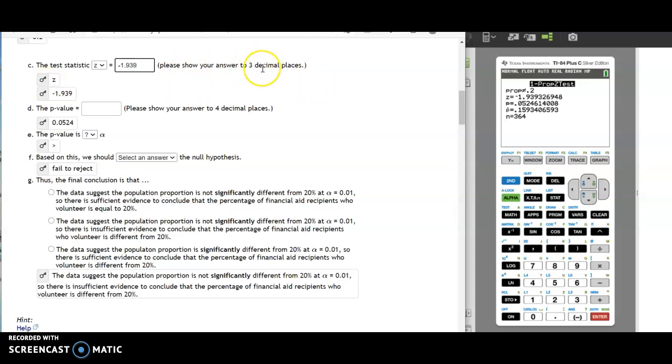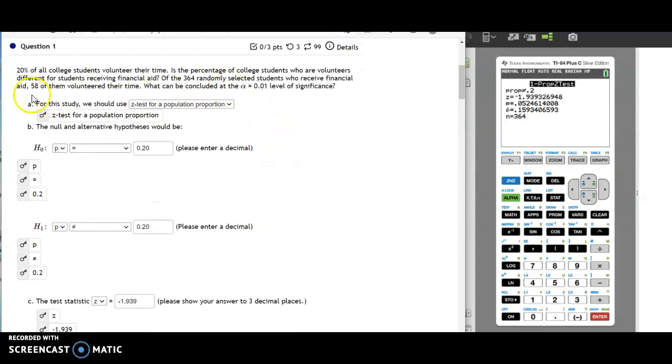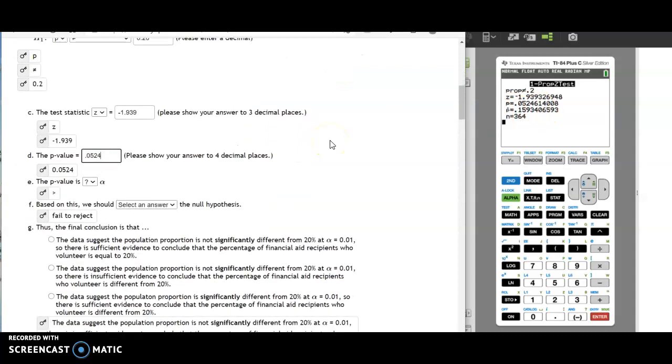It said to go to 3 decimal places, so be careful with your rounding. The p-value from the calculator, they say to 4 decimal places. So I'm getting that from right here. The p-hat, you don't need to enter that here, but the p-hat is just the proportion of your sample. So they did 58 divided by 364. That's where this number's coming from, but we don't really need it.